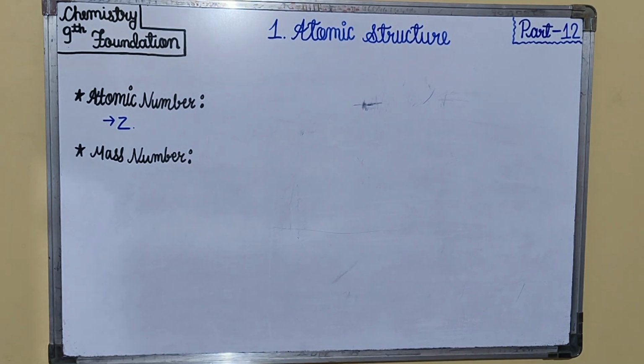The total number of protons and neutrons present in the nucleus of an atom of an element is called its mass number. Indirectly, mass number is the sum. Sum is a very important word, so you should always use it.